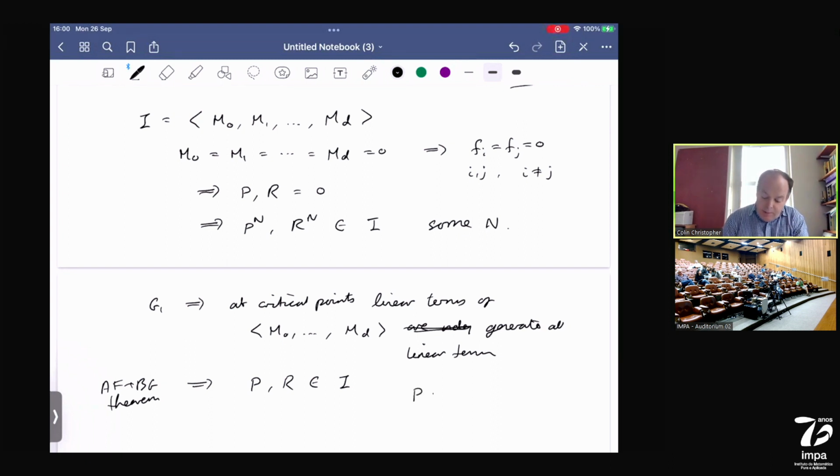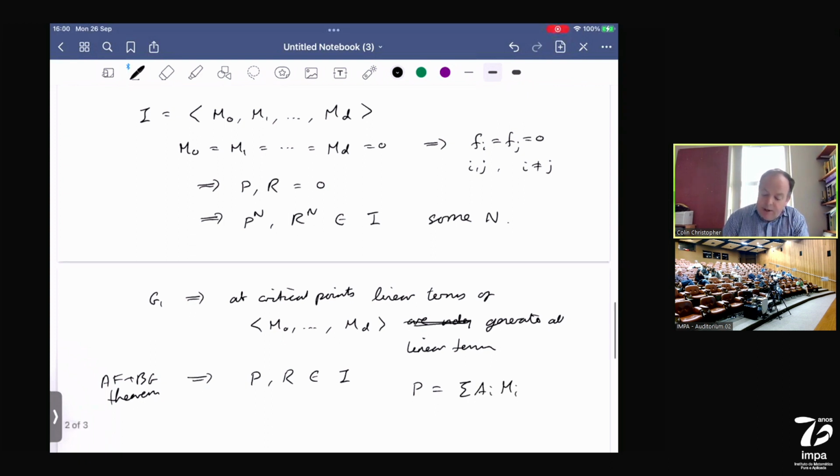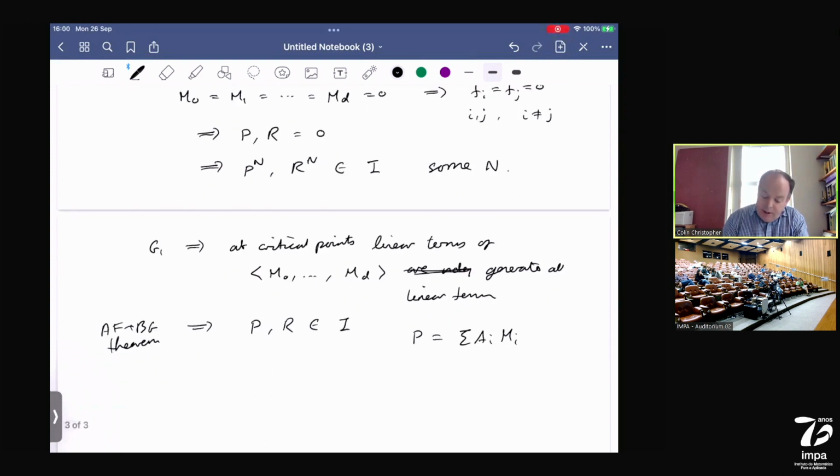And so we can write P as being a sum of AI MI, and R is equal to a sum of BI MI for some polynomials AI and BI. We then want to plug that back into the conditions that we've already got.